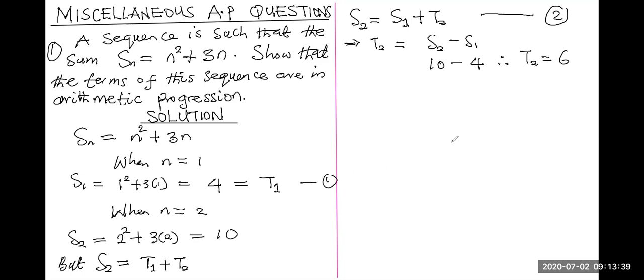Now, when n is equal to 3, what do we have? We are going to have S3, using the same sum, is equal to 3 squared plus 3 into 3. When you solve, our S3 will give us 18.